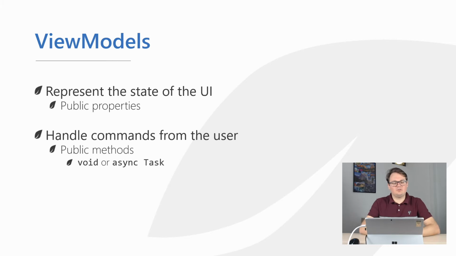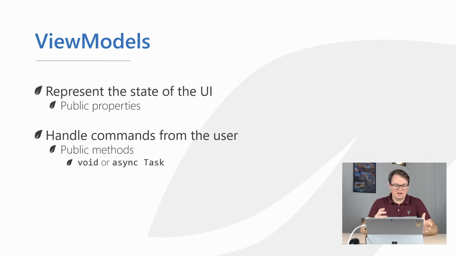Then the second responsibility of the view model is to handle the user commands. So whenever the user does something with the page, or whenever the user orders some action to be done, the view model is the guy who will receive this event and who is responsible for handling it. So when you click the button, a method in the view model is called.